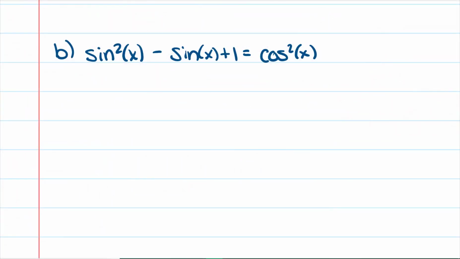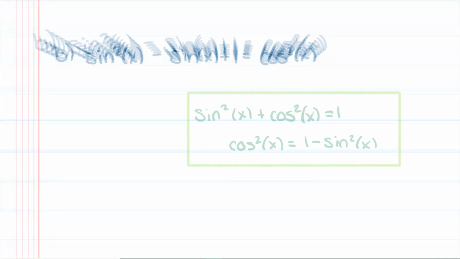So looking at this problem now, sine squared minus sine of x plus 1 equals cosine squared of x. You see we have a trig function squared twice. So the question is, which one do we change? Well, the key is to look at the one that's not squared. So the one that's not squared is sine of x. That means I'm going to want everything in terms of sine of x.